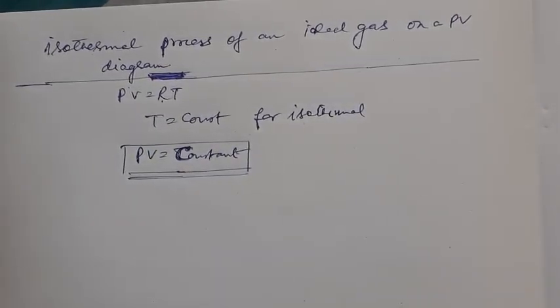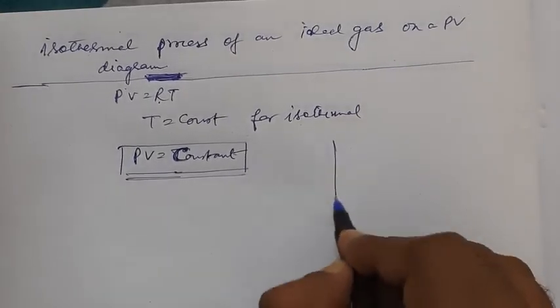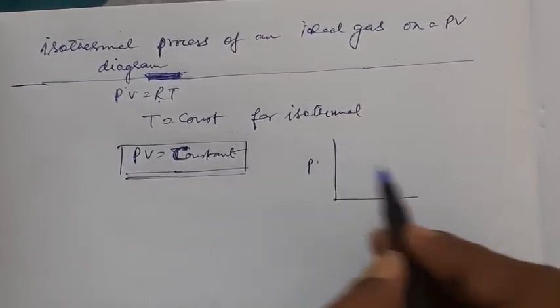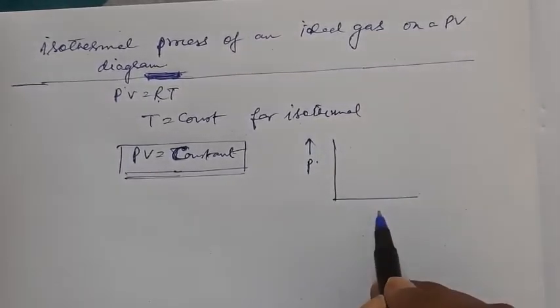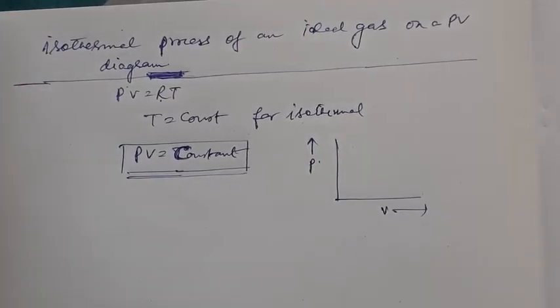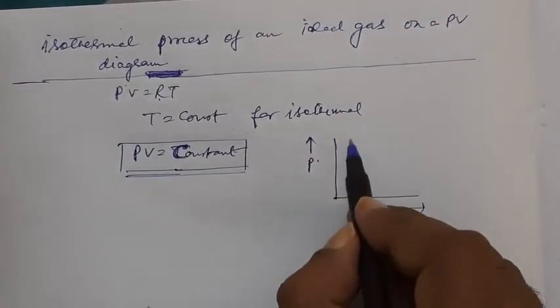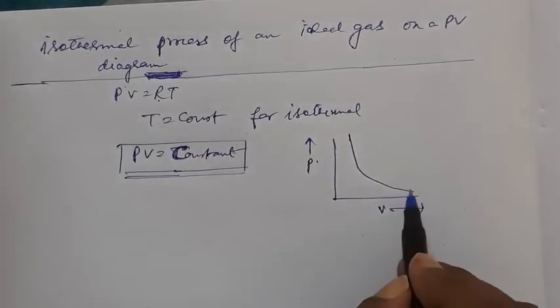Now this equation is represented by a rectangular hyperbola, as we see that this is P in the direction of the y-axis and V in the direction of the x-axis. We get this as a rectangular hyperbola.